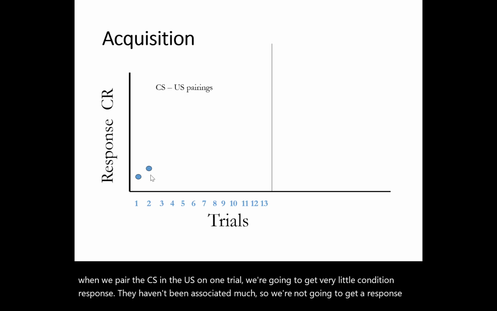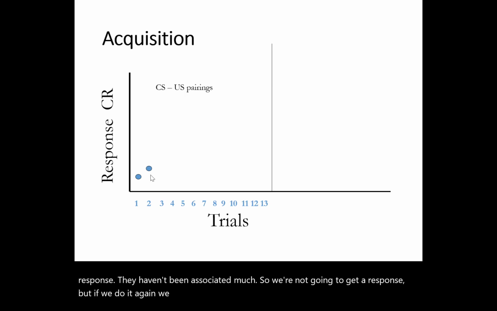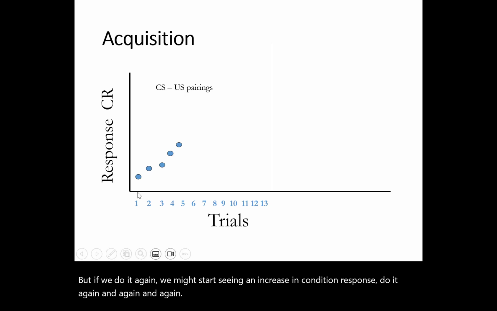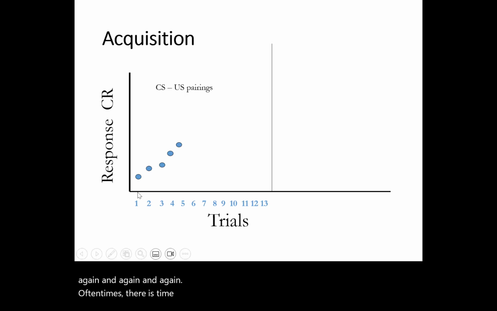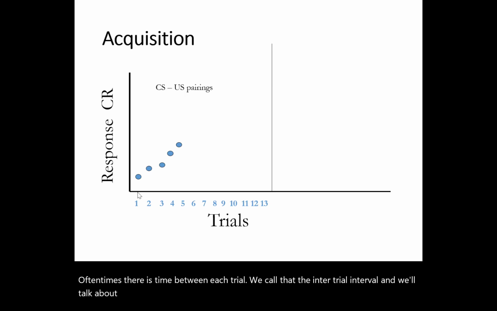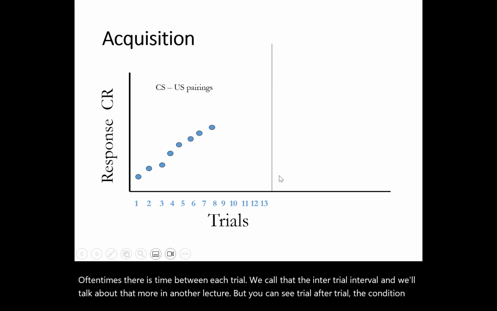But if we do it again, we might start seeing an increase in conditioned response. Do it again and again and again. Oftentimes, there is time between each trial. We call that the inter-trial interval, and we'll talk about that more in another lecture. But you can see, trial after trial, the conditioned response increases.